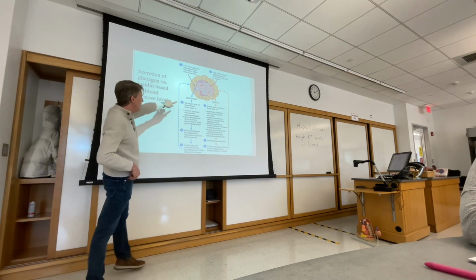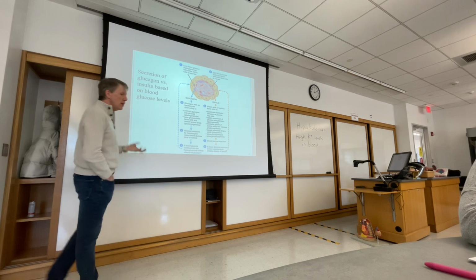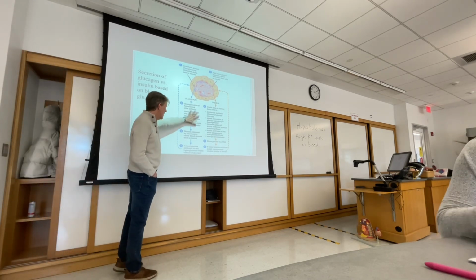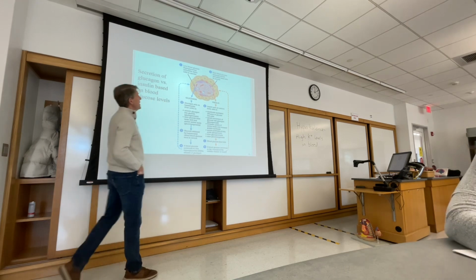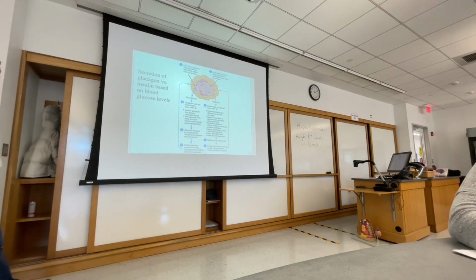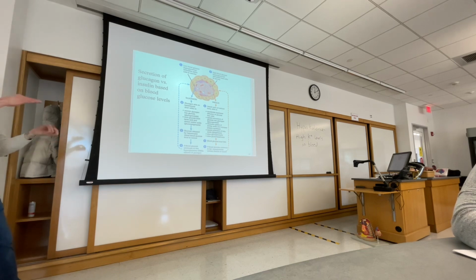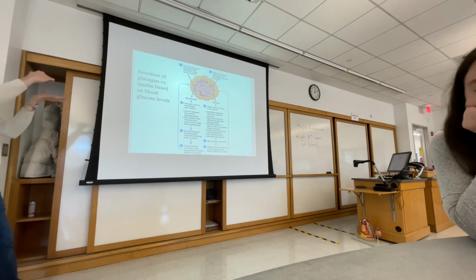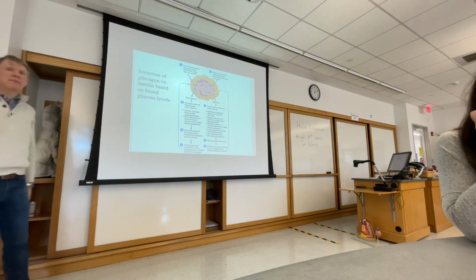That will stimulate the alpha cells to produce glucagon. And then through those effects that I mentioned on the previous slide, I'm not going to read them all again, but through those effects, that would then work to increase blood glucose levels and hopefully bring it back up into the normal range. Okay? Again, the whole reason why you have this range, this area where your blood glucose levels should be, is mostly to keep the brain happy.